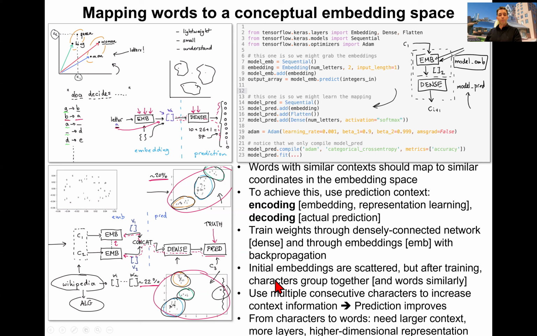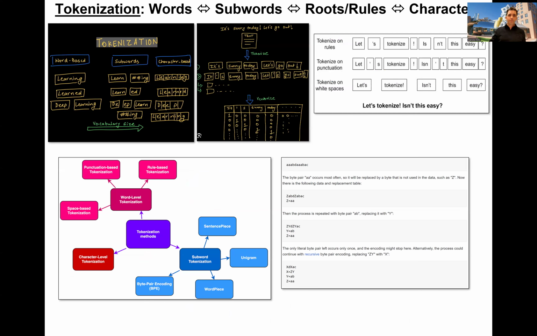And again, what I'm starting with is initial embeddings that are scattered. But as I start training the model and trying to predict the next word better and better, the embeddings are creating representations that are much more interpretable. I can go from characters to words and then build this larger context, okay?